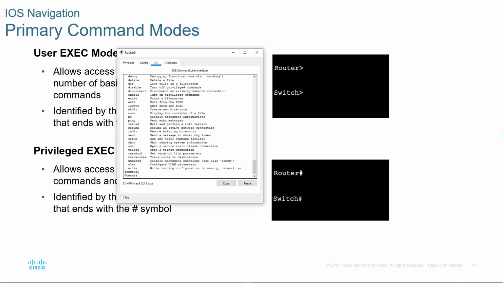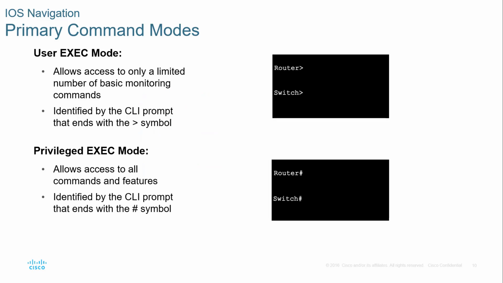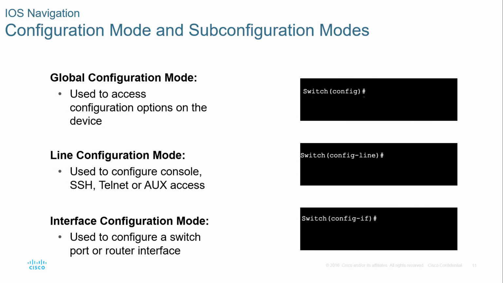So again, depending on the mode that we're operating in, we can do different things. And this will become second nature to you as we use the devices more, because it becomes muscle memory at that point. After that, we have our global configuration. You'll notice it will go to a config. If we are configuring a line specific item like a console or a virtual terminal, we will get a line.